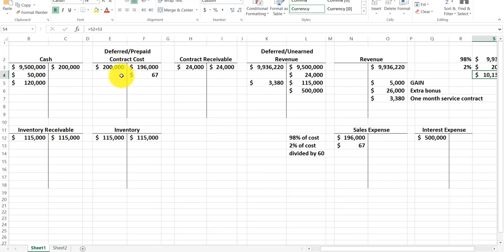At least $4,000 is going to be spread out over the next 60 months, because it is part of the contract for the continuing maintenance. And so we credit that prepaid and debit sales expense for 67, which is 4,000 divided by 60, every month for the next 60 months, so that this cost matches up with this revenue each month. So that's your answers.